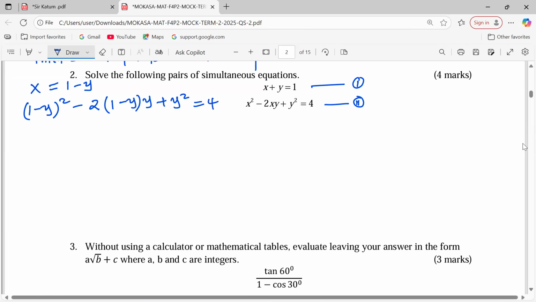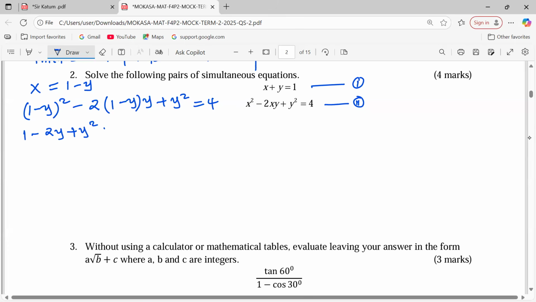We can expand (1 minus y) squared. This becomes 1 minus 2y plus y squared. Then, in the other bracket, if we open the bracket using 2, it shall be 2 minus 2y.